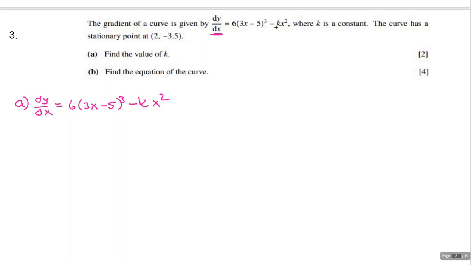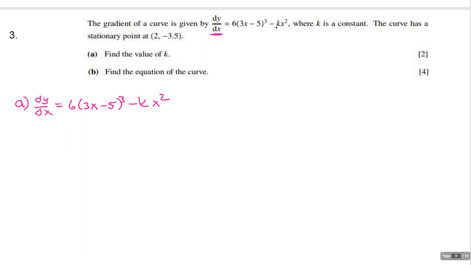So there's our derivative. We're using this derivative to find the gradient, the slope of this curve. k is a constant, some number, and the curve has a stationary point at (2, -3.5).